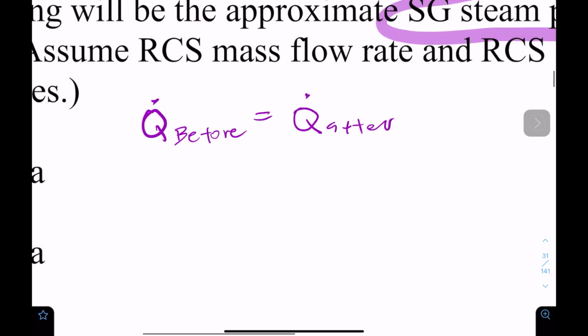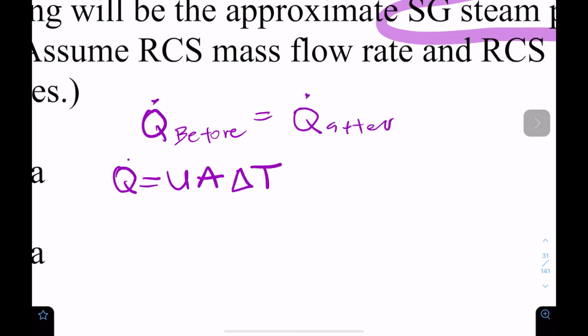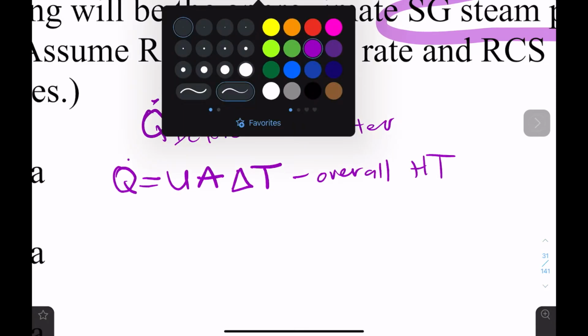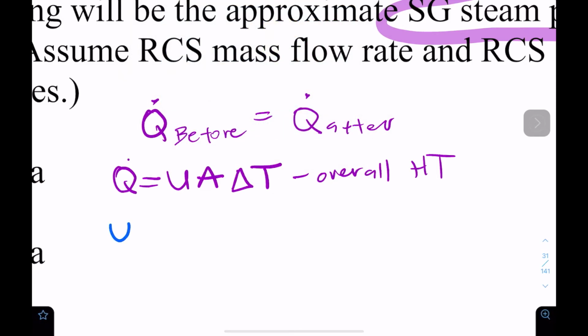In order to calculate this, we know that Q equals this formula, the overall heat transfer rate. This is what I'm trying to get. Since I know delta T before is going to be equal, now the after is going to be different, because in the after I only have 95% of my steam generator tubes functional.